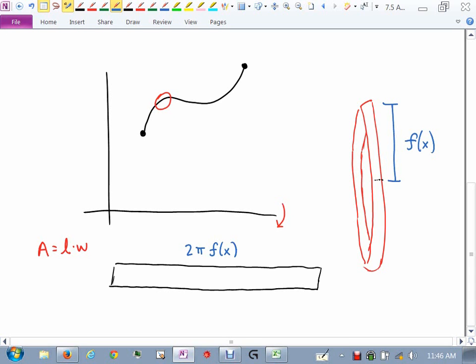Well, what's the formula that we developed last class for arc length? The arc length is the square root of 1 plus the derivative squared, right? Okay, that's what this side is. It's the square root of 1 plus the derivative squared. And so the area of this is this times this, isn't it? This times this.